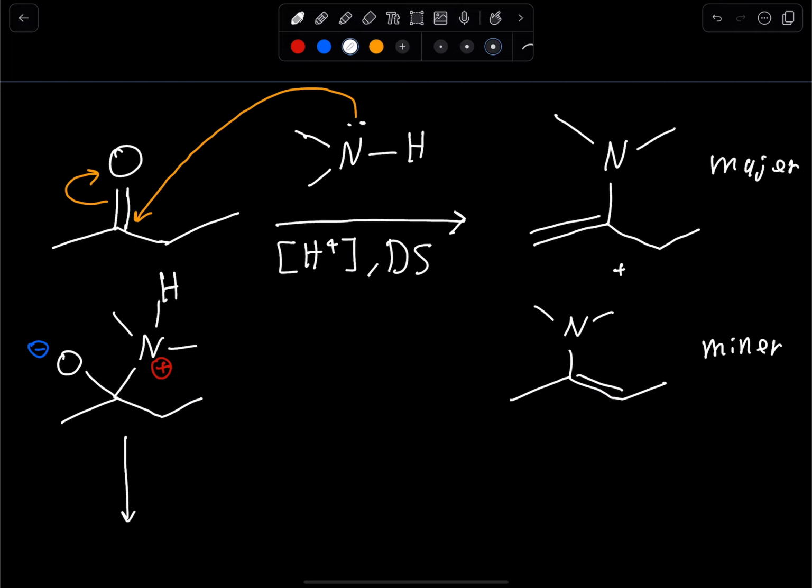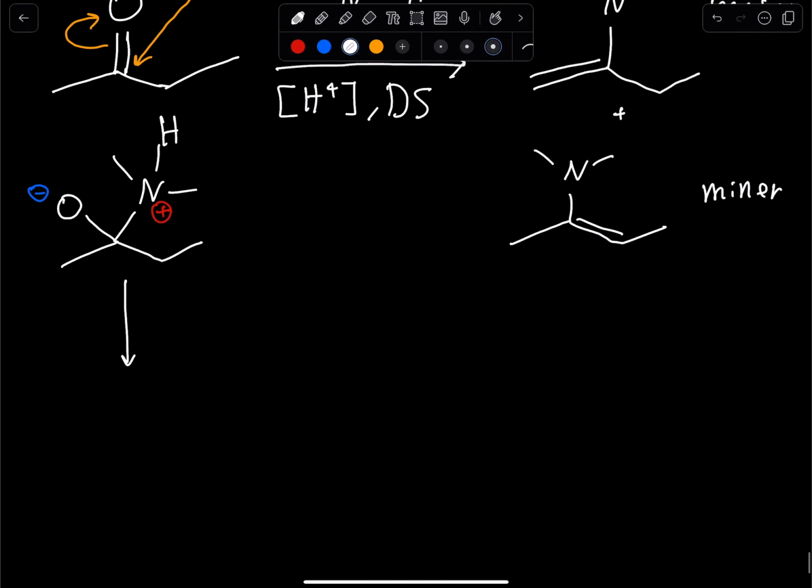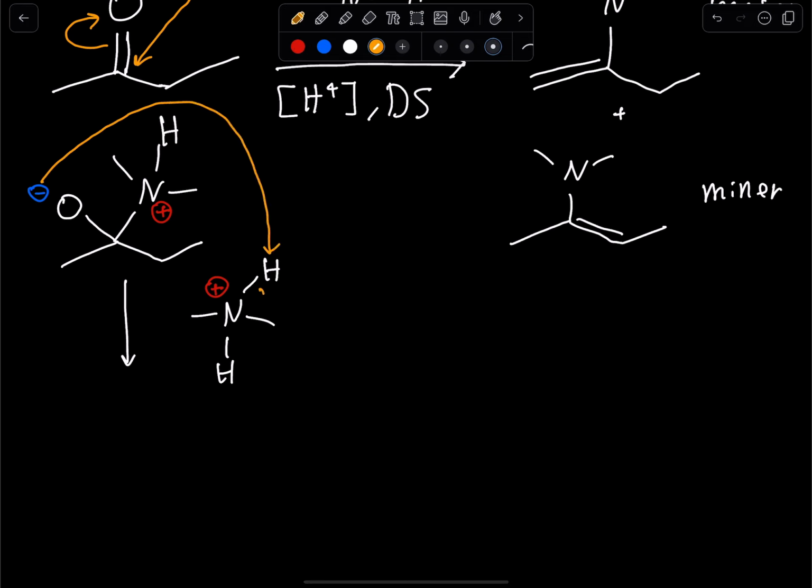Then what we need to do is similar to the last one. We first protonate the oxygen. So we take an amine, in this case a secondary amine, that is protonated, and we use that to protonate the oxygen.